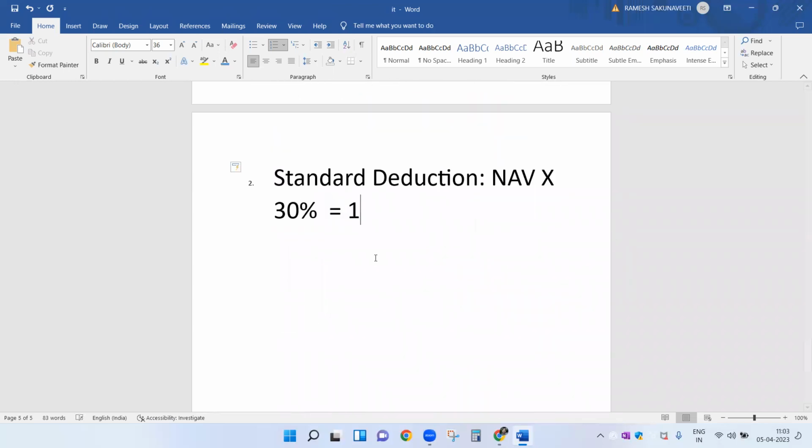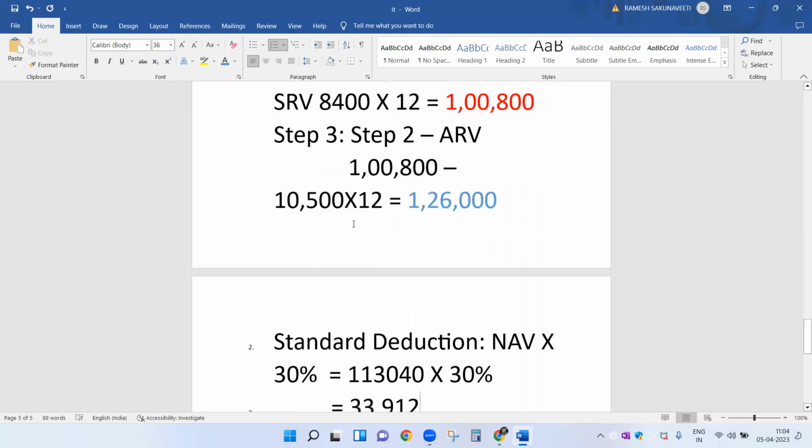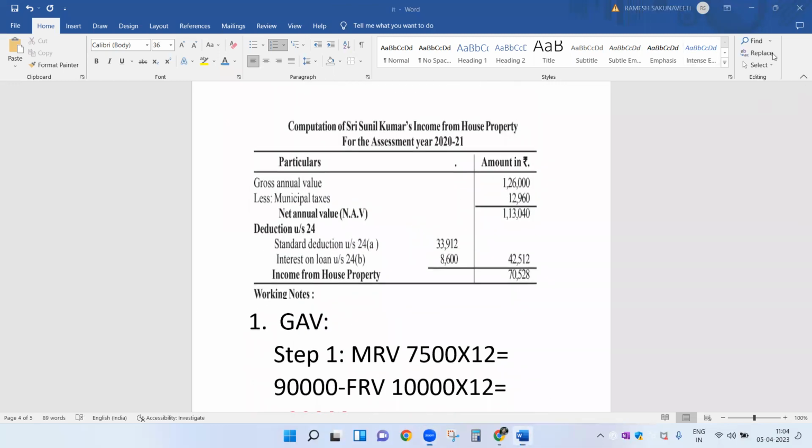It is equal to 113,040 into 30%. Yes, what is the value? Please, somebody. 113,040 into 30%. Yes, it is 33,912. Please cross-check, others. Are you doing it or simply watching like a game? 33,912. So this is the standard deduction, and only that is considered here. 33,912. Then the next one is interest on loan.